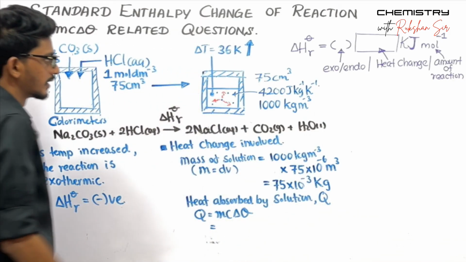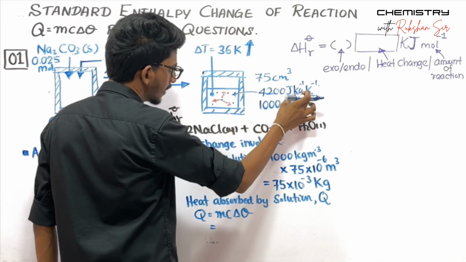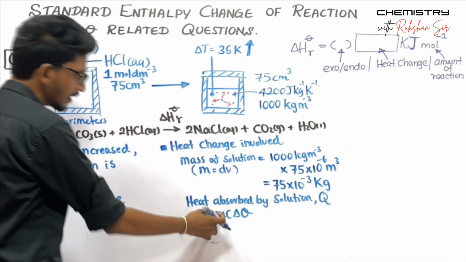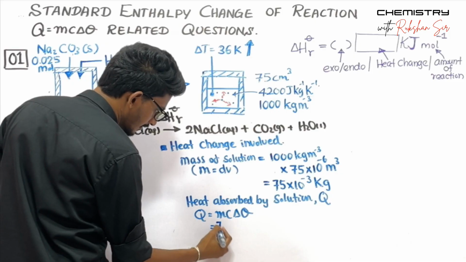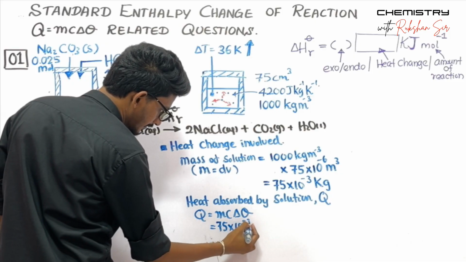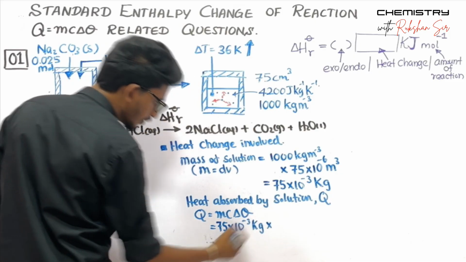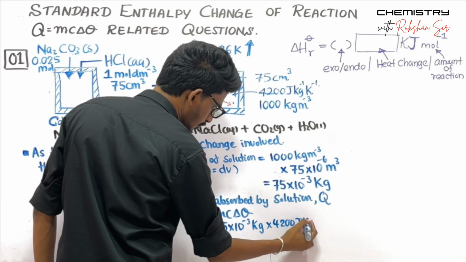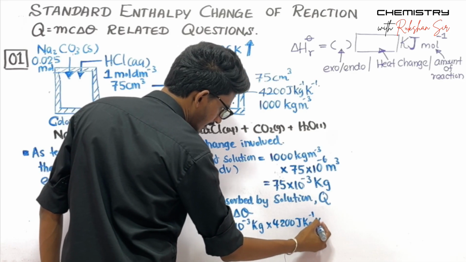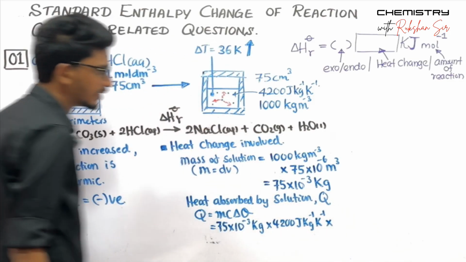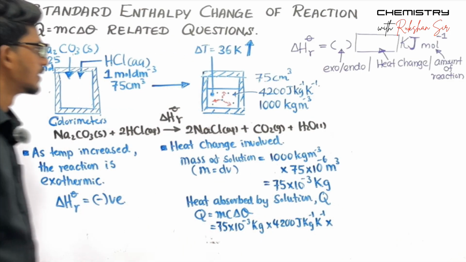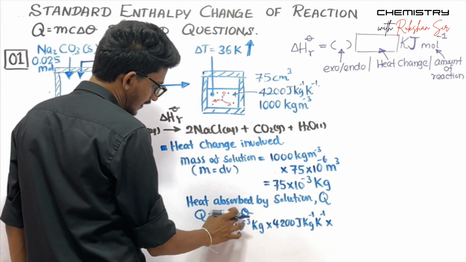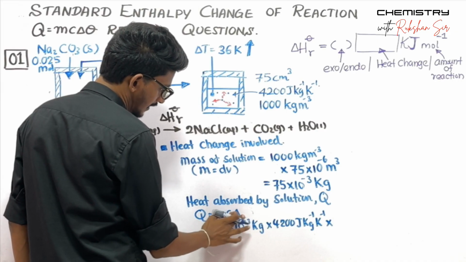So the c value is given in kilograms, so that we can apply the mass in kilograms there for the m, right? So it is going to be 75 into 10 to the power minus 3 kilograms into c is this thing, 4,200 joules per kilogram per Kelvin into the K value. The temperature change, delta T or delta theta, both are equal, right?